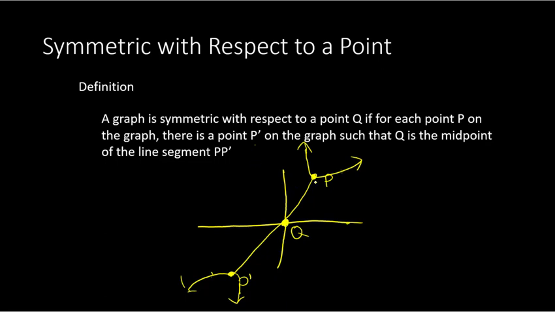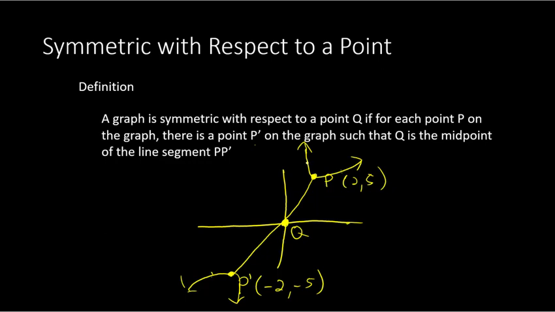Now, before that, understand that whatever point we pick here, let's say that point was, I don't know, let's call it (2, 5). Then this point P prime, the point that corresponds to it, you change the sign of both x and y. So it's going to be (-2, -5). That's going to hold true for any point.